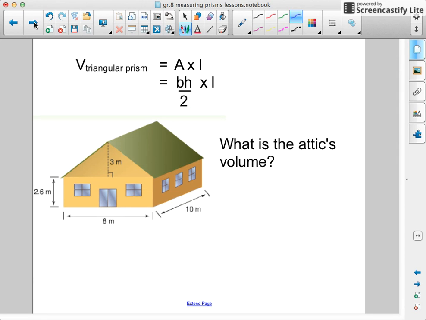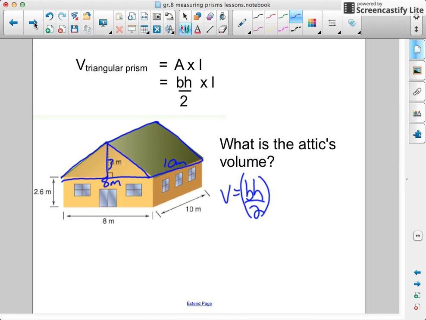One more example of this. It says, what is the attic's volume? Okay, so my attic is here. My base is 8 meters, height is 3, and length is 10 meters. So what I'm going to do is volume equals base times height divided by 2 times the length.